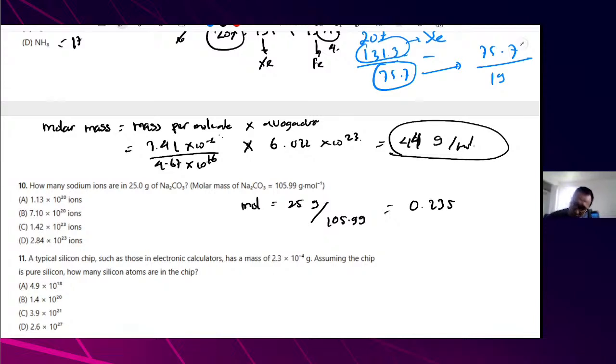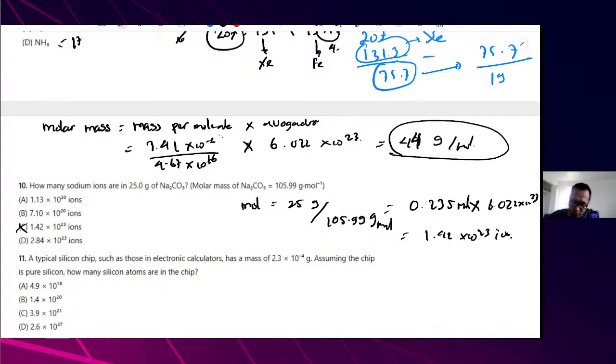So just times 6.022, 1.42, and this one is grams per mole, so it should be moles, and then times what, Avogadro's number 6.022. So the answer is 1.42 × 10^23 ions. All right, so the answer is C.